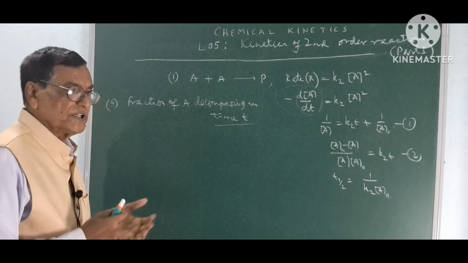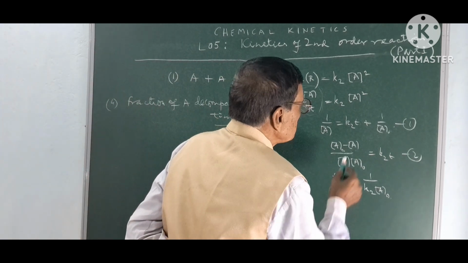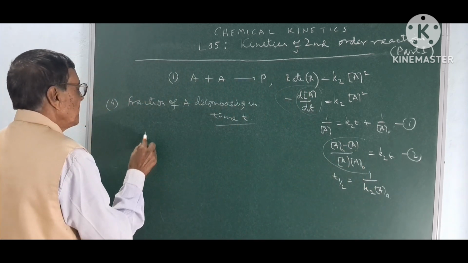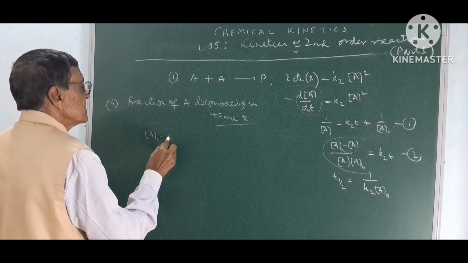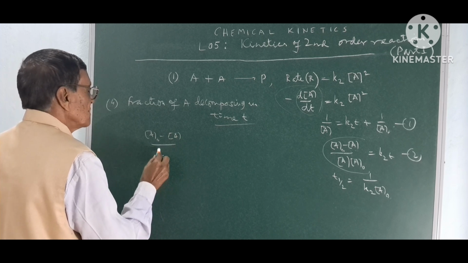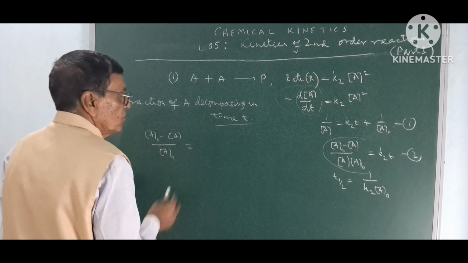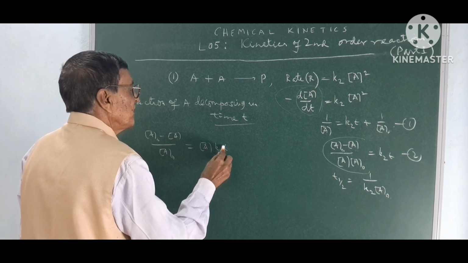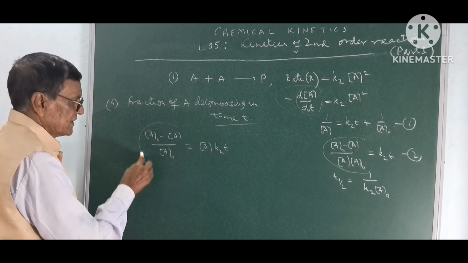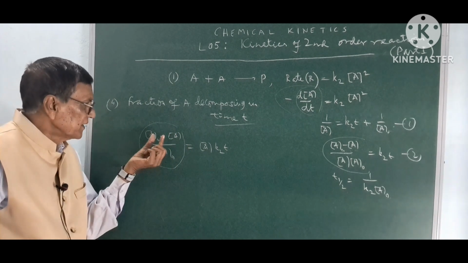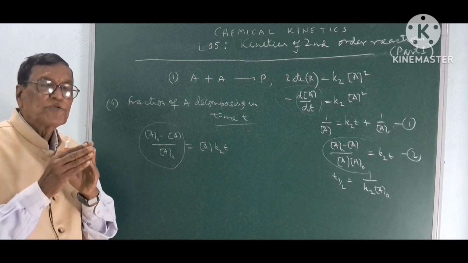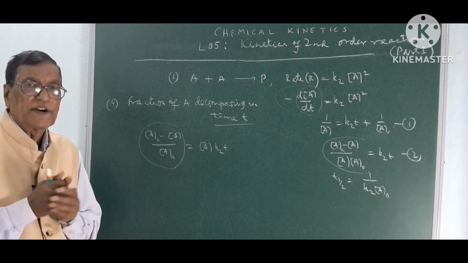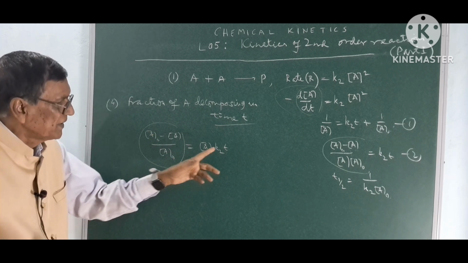From this we can get A naught minus concentration of A divided by concentration of A naught equals concentration of A naught and K2 T. This is the fraction decomposing. The numerator is the amount of A decomposing divided by the initial concentration. So this will be the fraction of reactant A decomposing in time t.